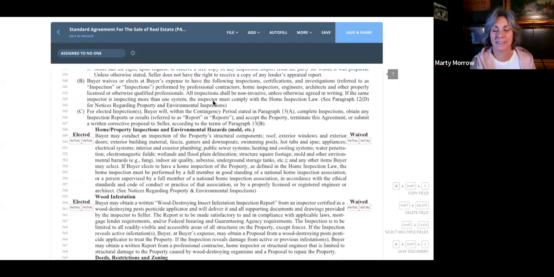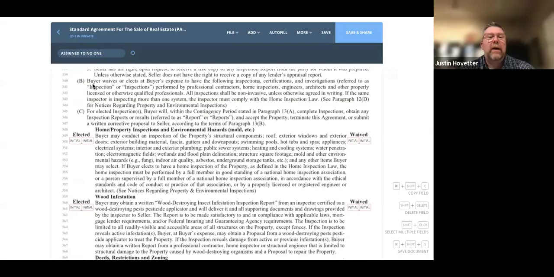That's right. Because it says right here that the buyer waives or elects. They waive it or they elect it. You can't waive it and still do it. And it's not waiving or electing the contingency. It's waiving or electing the inspection.